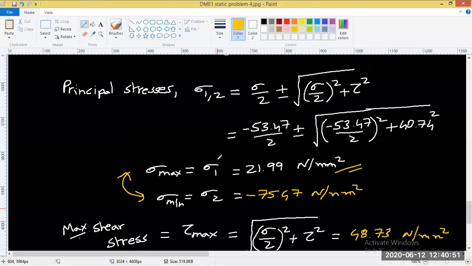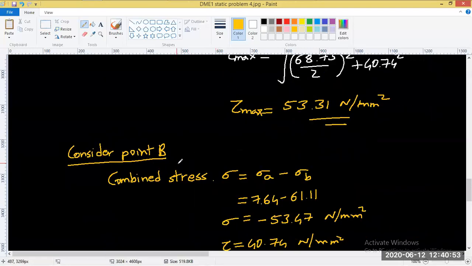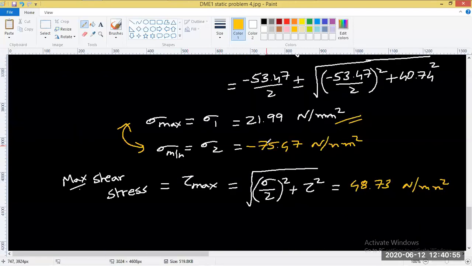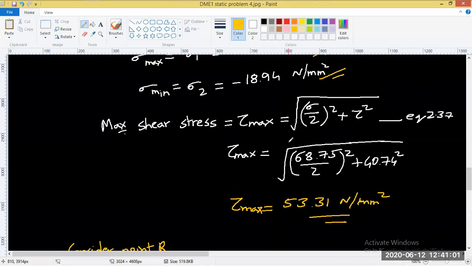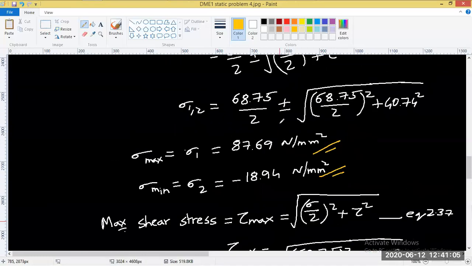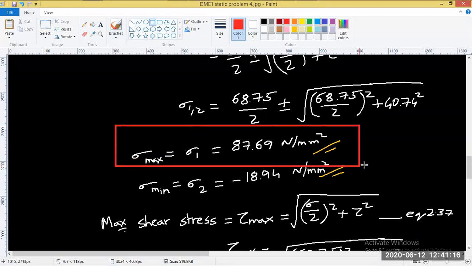So at point B, the maximum stress we are encountering is negative 75.47. And when you come to point A, you are getting maximum as 87.69. So you can directly say that this portion here is more vulnerable.